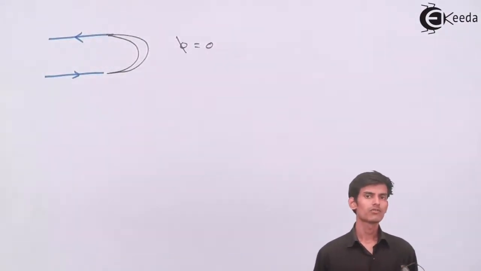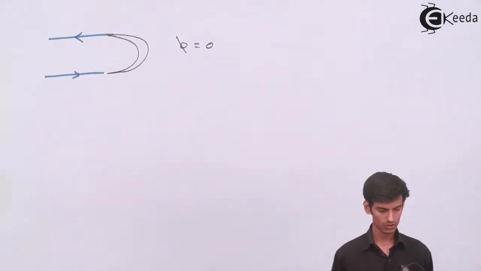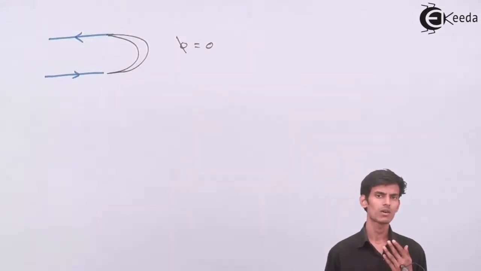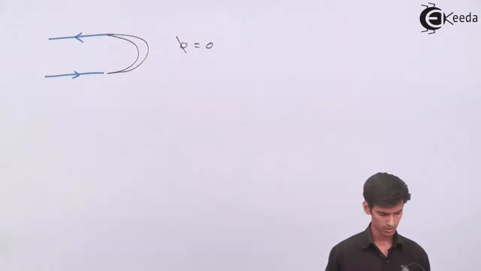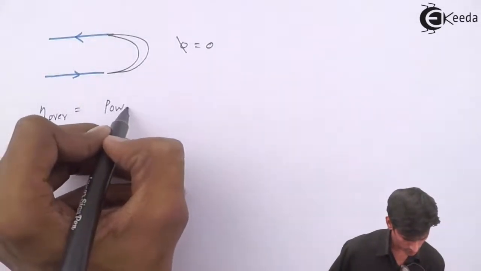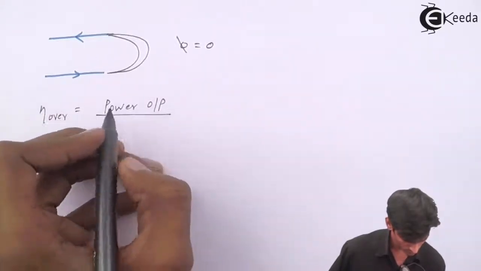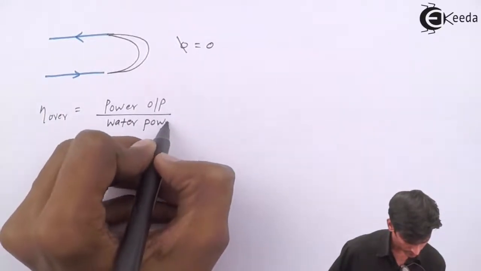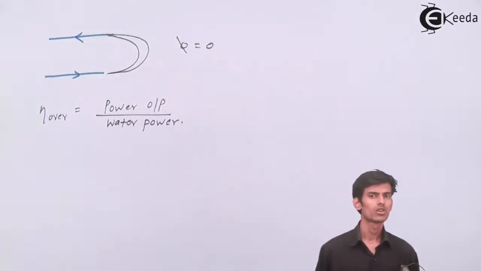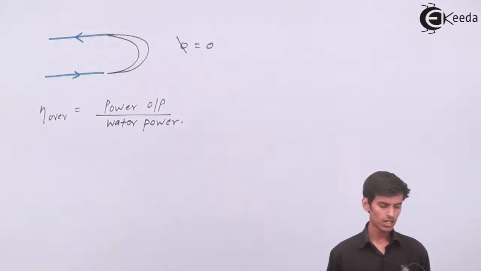Now the next thing that we have to find is the power developed. For that we have to use the other thing that is given, that is the overall efficiency. The formula of overall efficiency is the power output upon the power input. So overall efficiency is nothing but the power output upon the water power, that is, the power output has to be found.